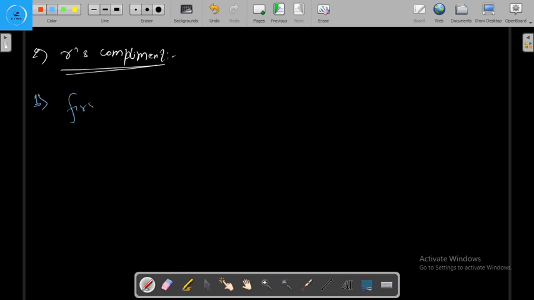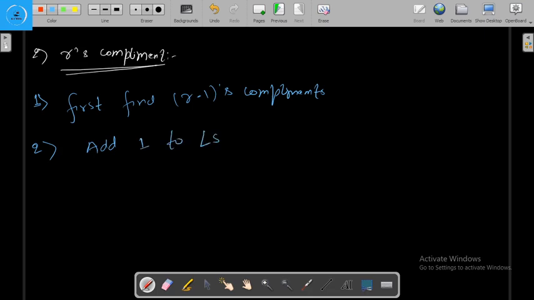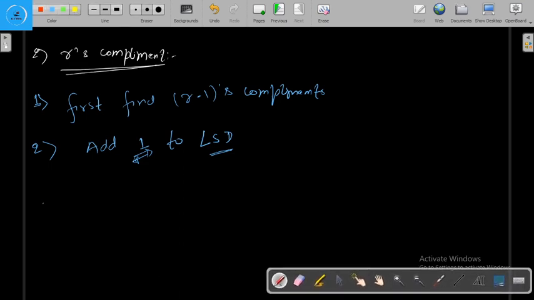The first step is to find the r minus 1's complement, and then our second step is to add 1 to the LSB, the least significant bit or least significant digit. So first we find the r minus 1's complement, and then we add 1 to the least significant digit for finding the r's complement. So let's see with an example.